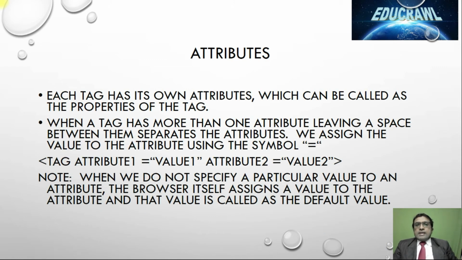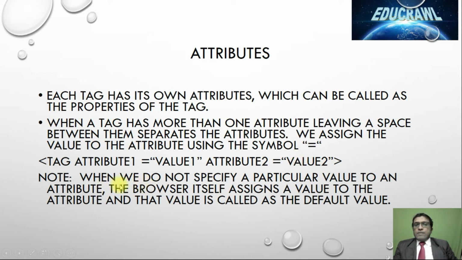Now we can see what is an attribute. Each tag has its own attributes, which can be called the properties of the tag. When a tag has more than one attribute, leaving a space between them separates the attributes. We assign a value to the attribute using the equal to symbol. Now this is an example of a tag: the tag name followed by attribute 1, which has value 1, and attribute 2, which has value 2.